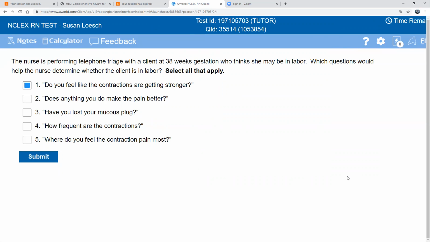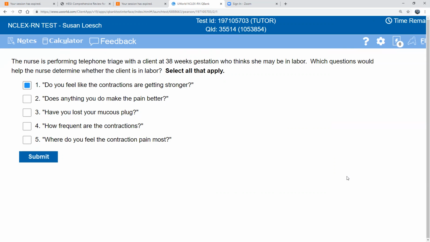Because if it's false labor, if they start walking, it can stop. Okay. Does anything you do make the pain better? If she does something else to make the pain better, that could be false labor. Do you want that or no? No. Okay.